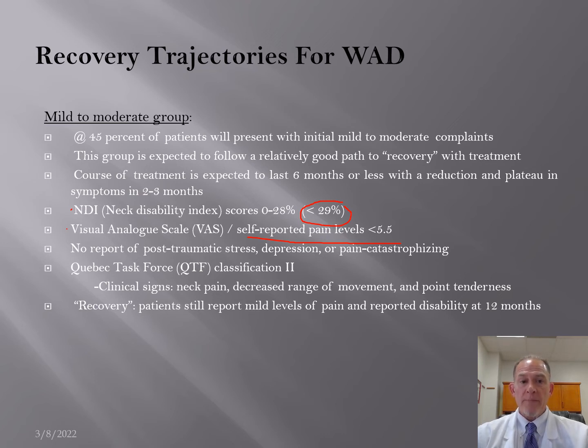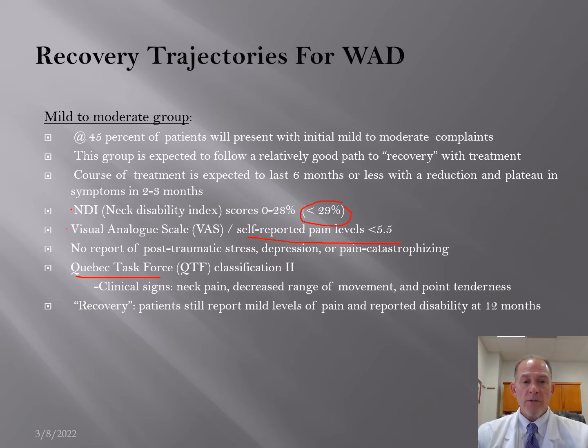So we expect them not to have post-traumatic stress, depression, or pain catastrophizing. And basically, we're looking at patients here according to the Quebec Task Force guidelines. They'll have neck pain, they'll have decreased range of motion, and they'll have tenderness to palpation. And we won't see many of these patients with hard neurologic findings such as pathologic reflexes or depressed deep tendon reflexes.